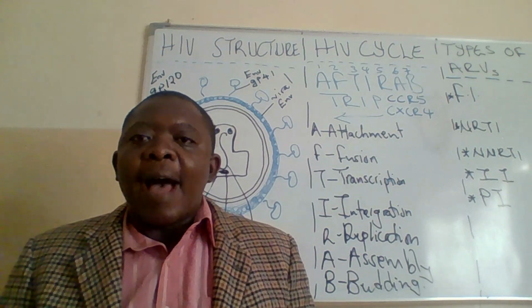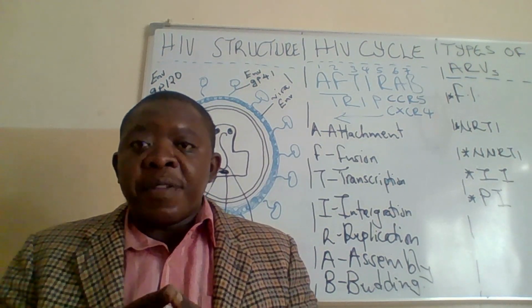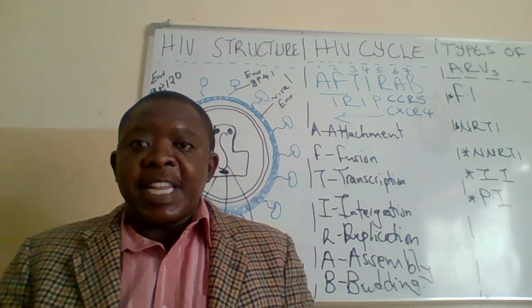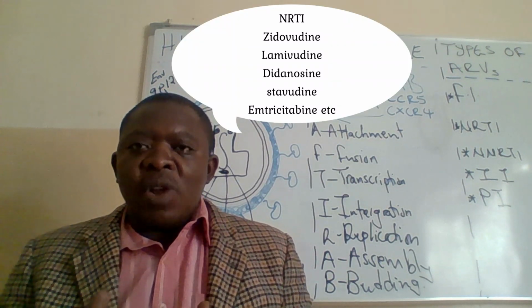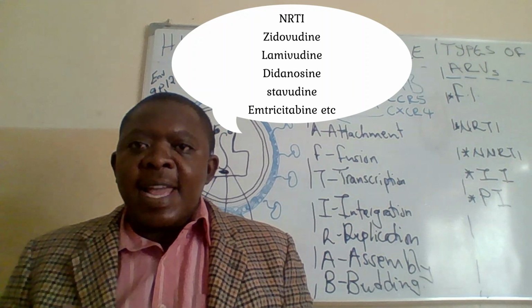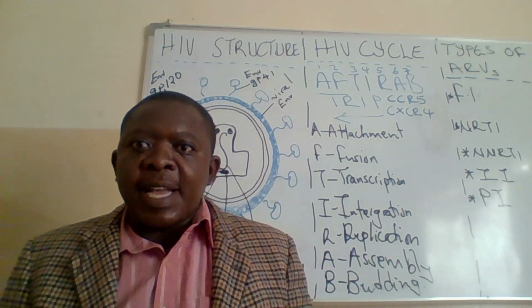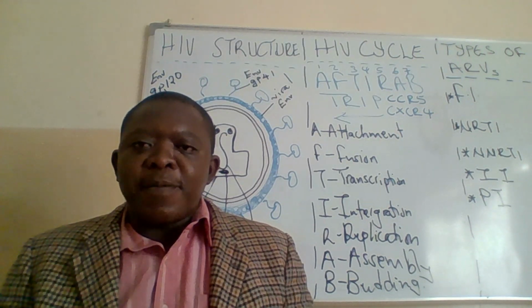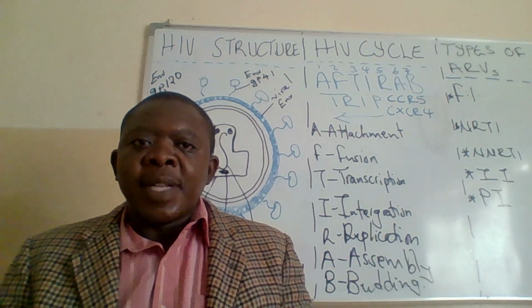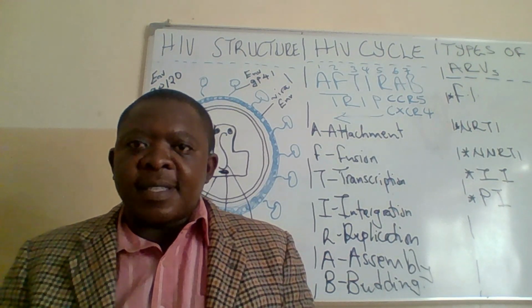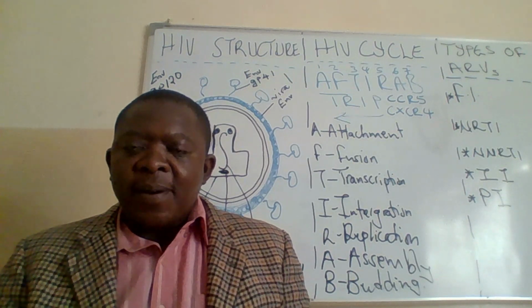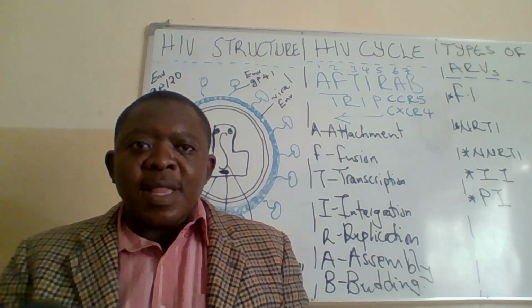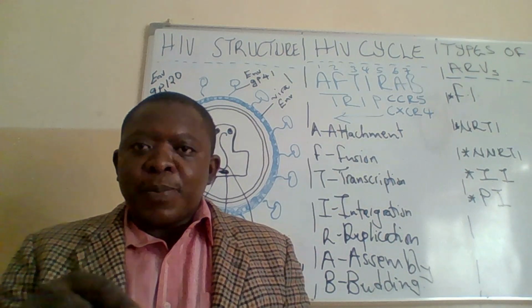Then we have the nucleoside reverse transcriptase inhibitors. When you look at all these drugs that I've given you, they have an I at the end. Their target is to inhibit a certain action, the action of the enzymes that play a role in the multiplication of the virus.